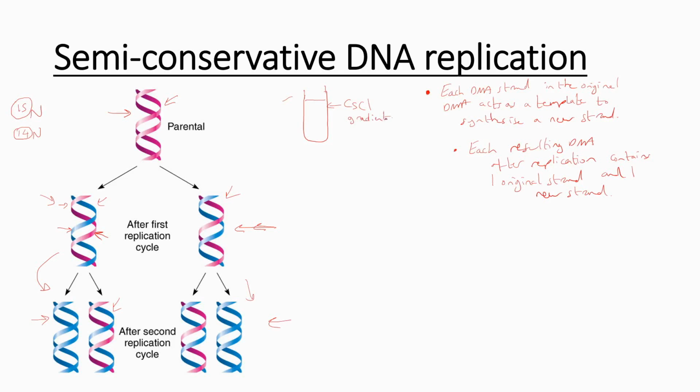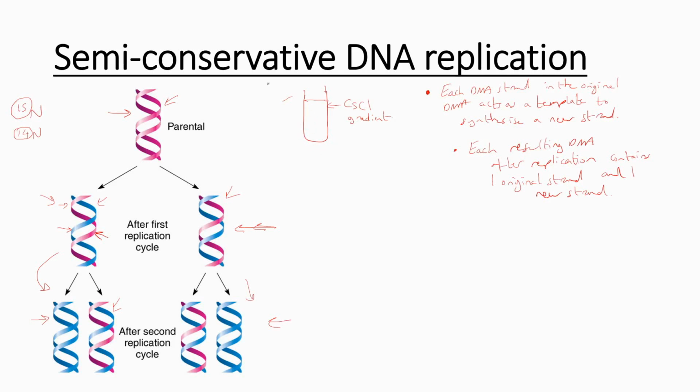All this is, cesium chloride is a salt, and we can make this tube so that we have a solution of cesium chloride, and the concentration of cesium chloride is higher at the bottom and lower at the top. This makes the solution more dense at the bottom and less dense at the top.